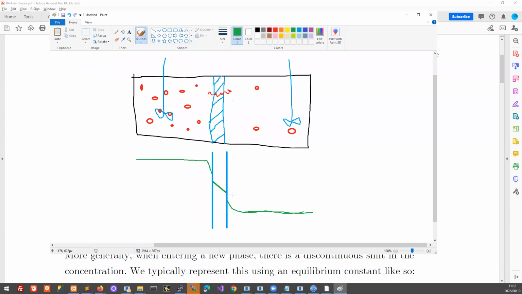I did deliberately draw this with a discontinuous jump. You can see you've got some concentration of A here, which is different to the concentration of A here. And this concentration is not the same as this concentration. And the reason I'm doing that is this is a different medium, if you like, right?